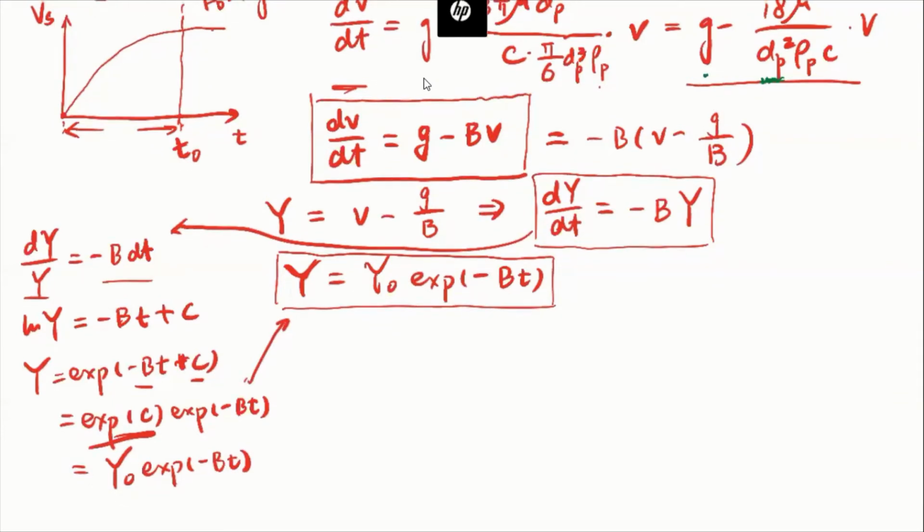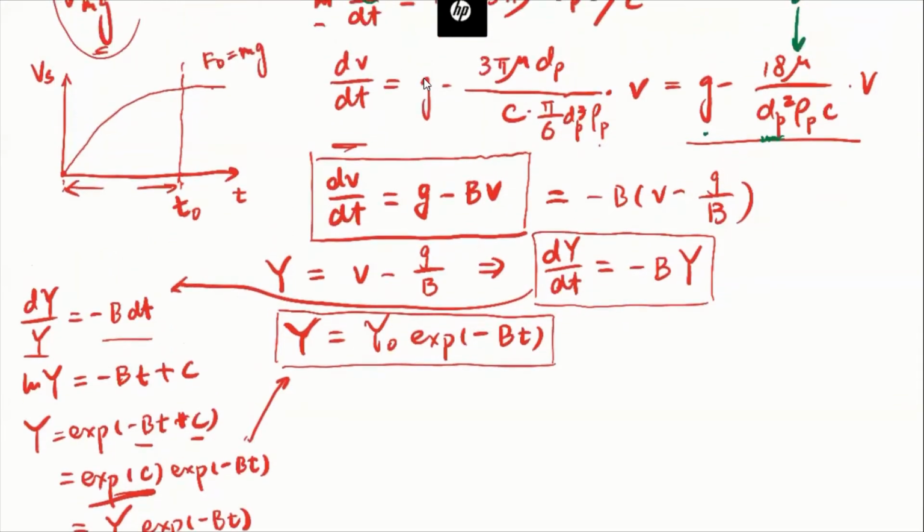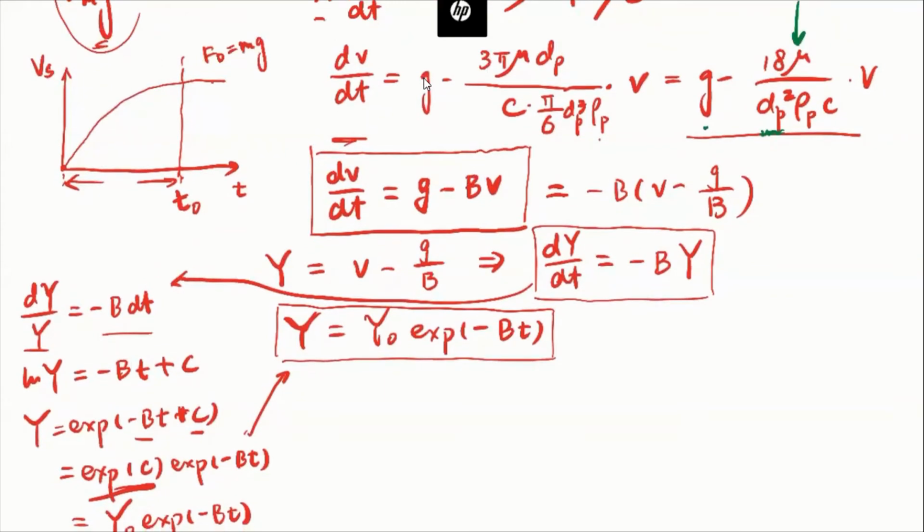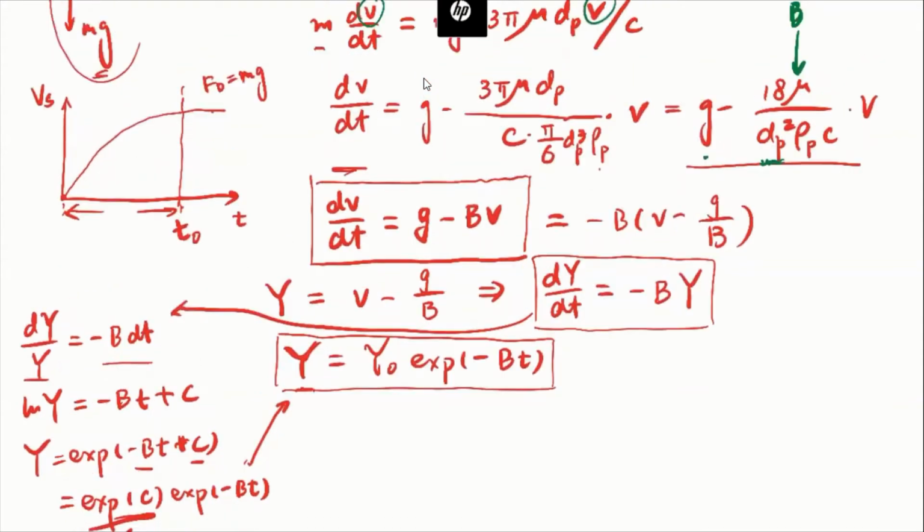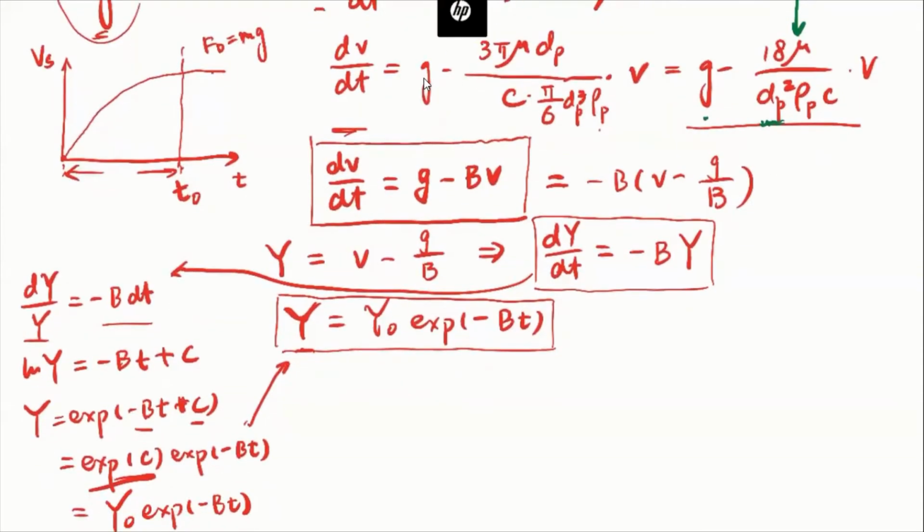Okay, so this is how we can get into this step, right? And then we mentioned that we have to look at the initial condition to solve for the actual y value here. At the initial condition, time equal to 0, velocity is equal to 0, right? So because of that, y should be equal to minus g over b.